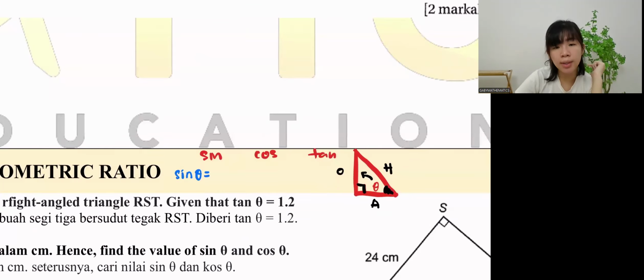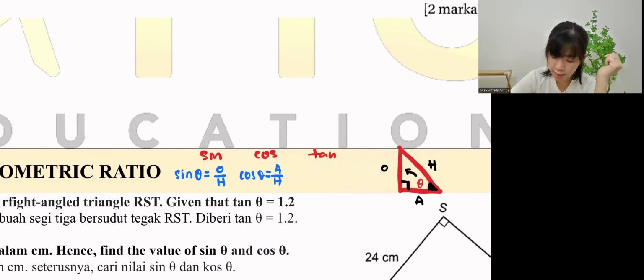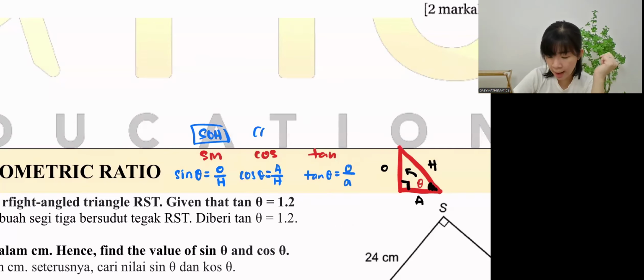Sine theta always, you remember saw, O over H. Cos theta always, ha, A over H. Then for tangent, tangent is tua, O over A. Okay, always remember saw, ka, tua.